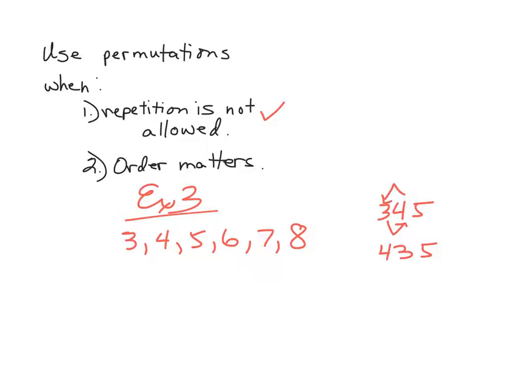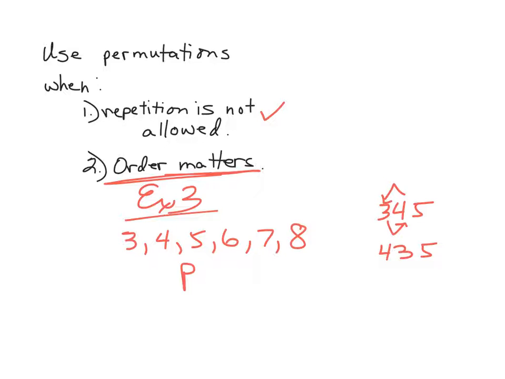It's a different result. So does order matter? Yes, it does. So I can use a permutation to do this problem because my 2 conditions are met. Repetition is not allowed and order matters. Okay, so I got a permutation.